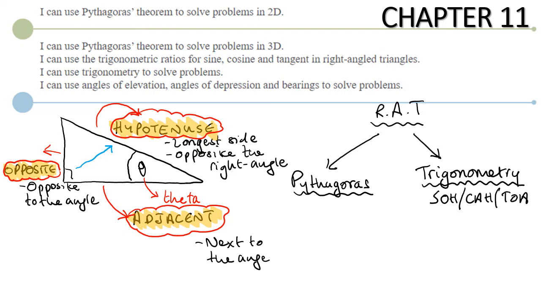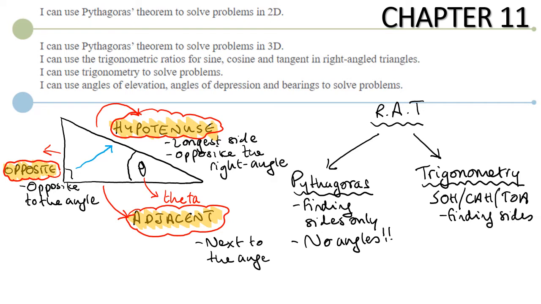So when do we use Pythagoras? This is for finding sides only. No angles. So if you have a question that has angles in it, you won't be using Pythagoras, you'll be using trigonometry. And trigonometry is for finding sides or angles.